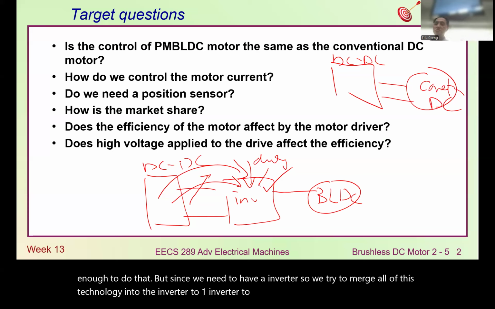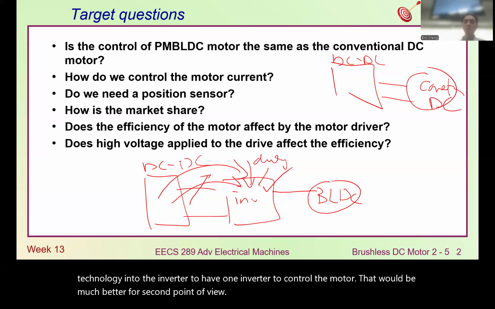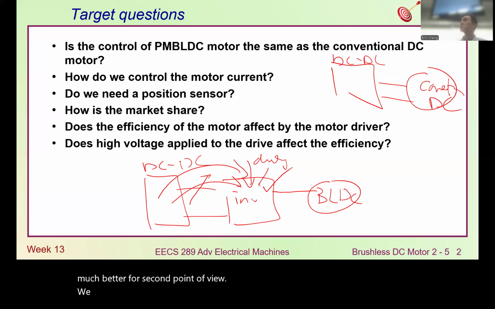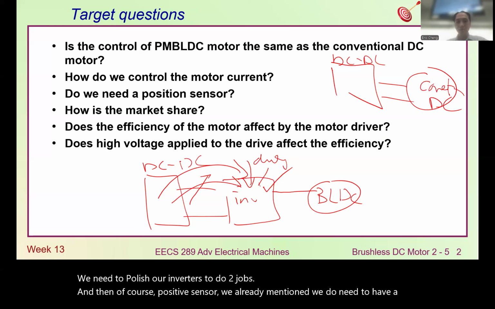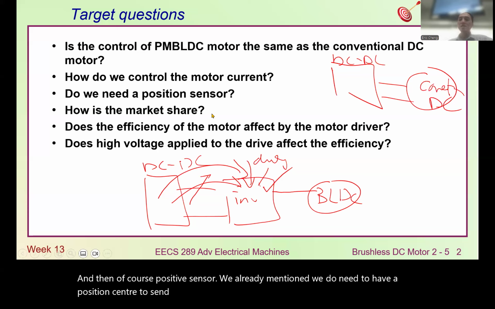That would be much better. From the circuit point of view, we need to make our inverter do two jobs. And then, of course, the position sensor, we already mentioned, we do need a position sensor to sense the position.